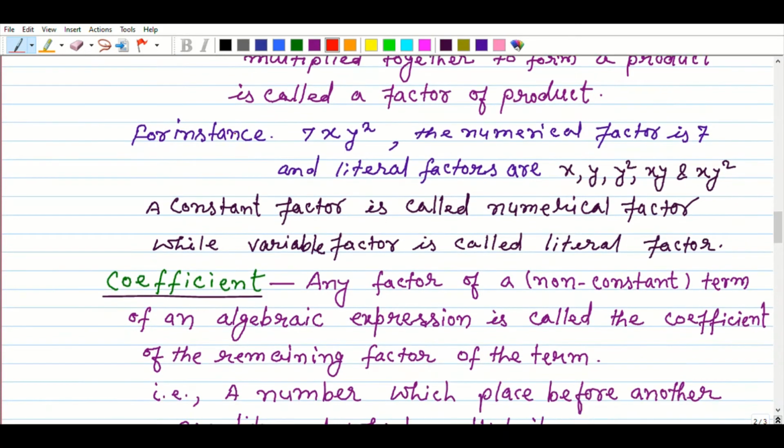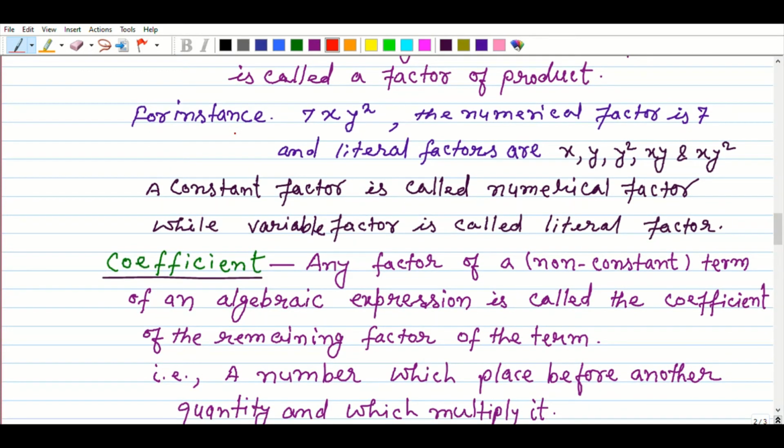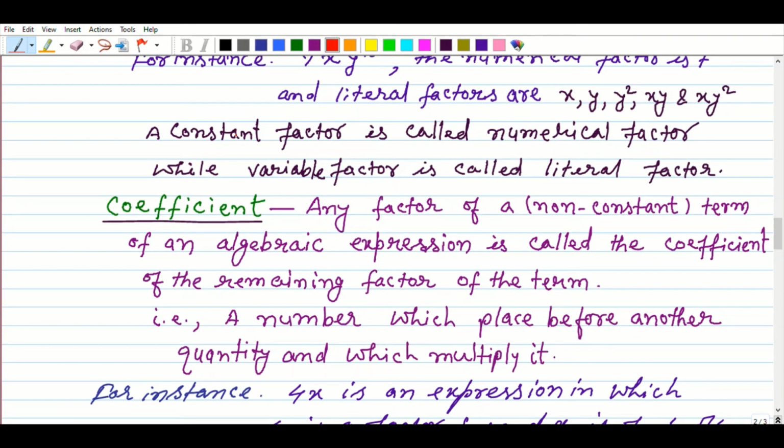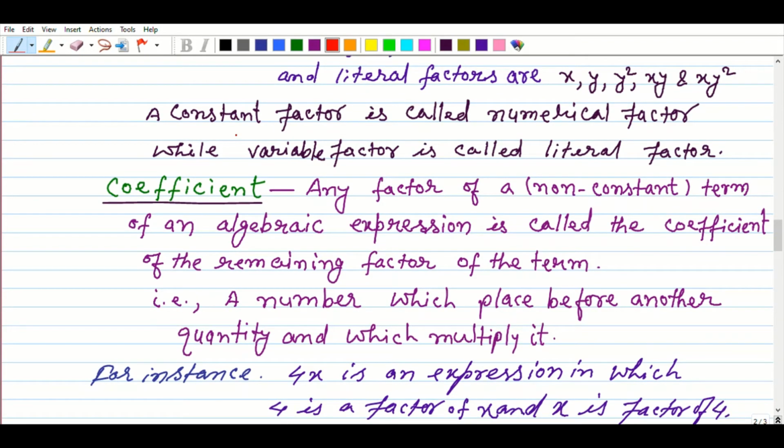A number which is placed before another quantity and which multiplies it. This also we can say regarding coefficient, right? For instance, we can see 4x is an expression in which 4 is a factor of x and x is a factor of 4. Both are factors of each other, right?